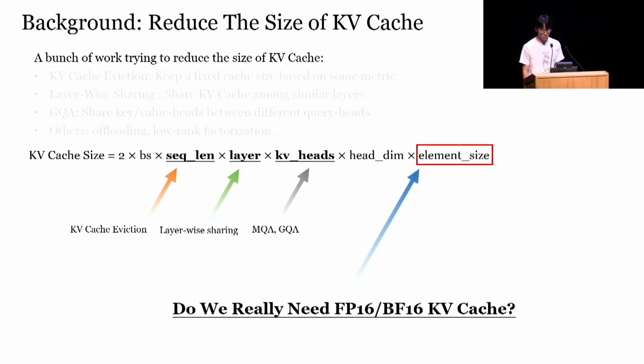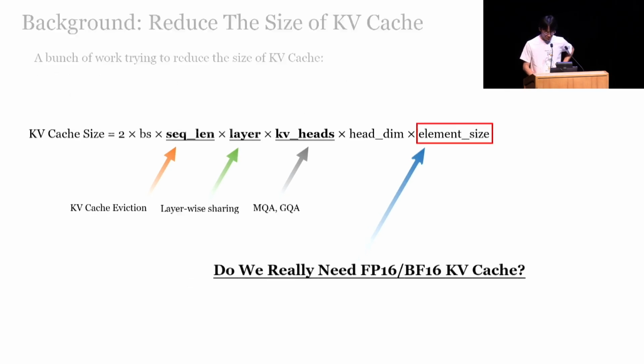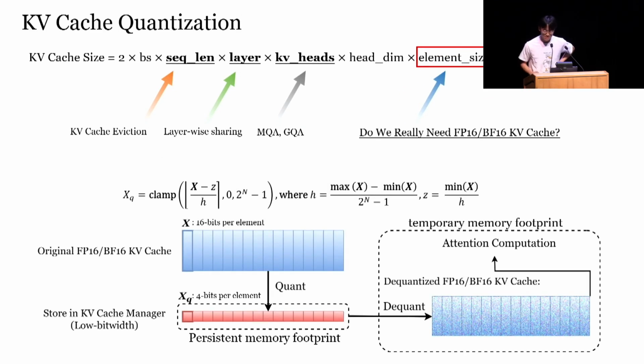Another perspective is to reduce the element size of KV cache. In large language model inference, typically we use 2-byte data types such as FP16 or BF16. However, do we really need 2 bytes for each value? Many studies have shown that the weights of LLMs can be quantized to 8 or even 4 bits, almost lossless. We can also quantize KV cache.